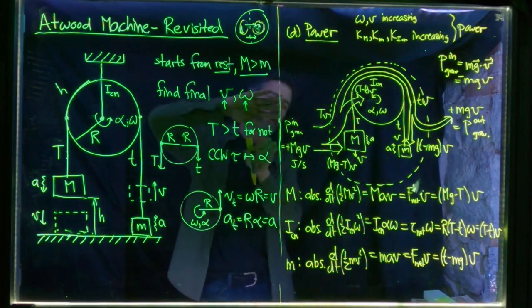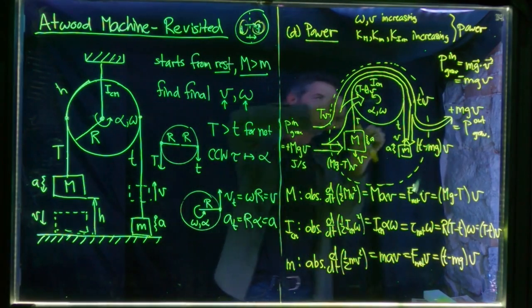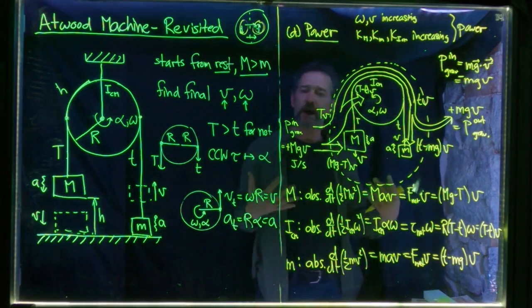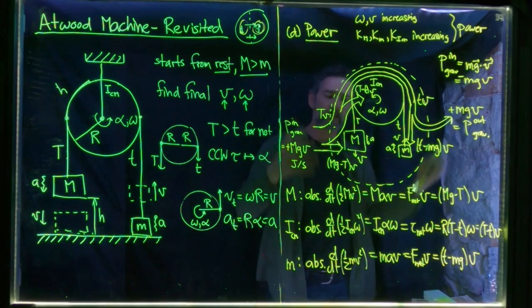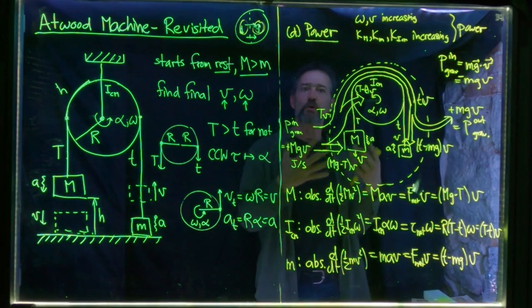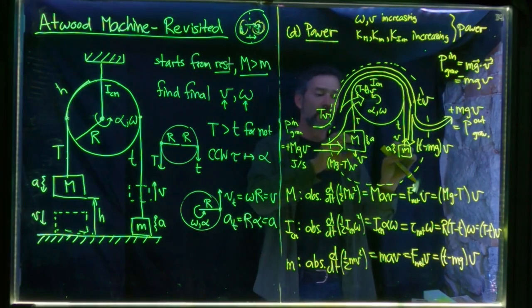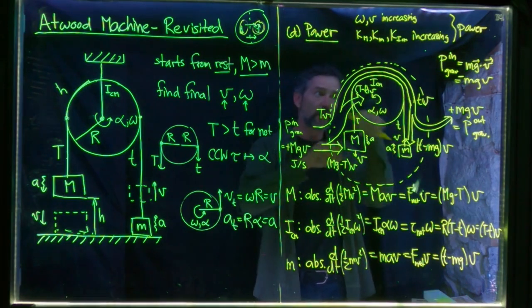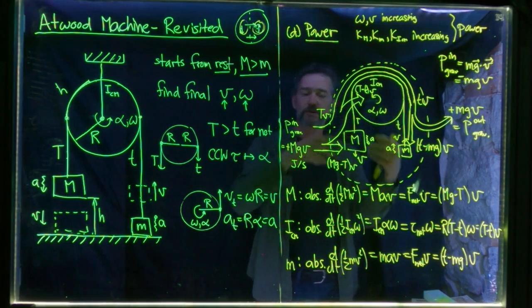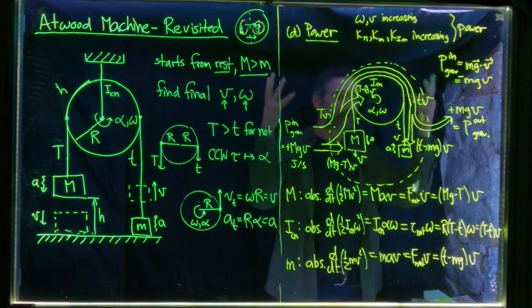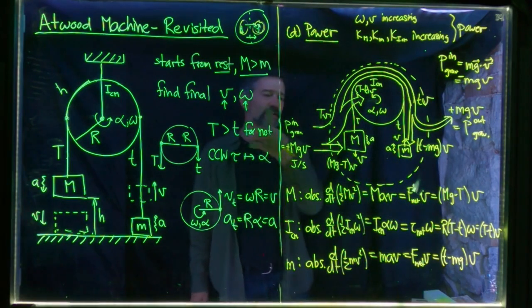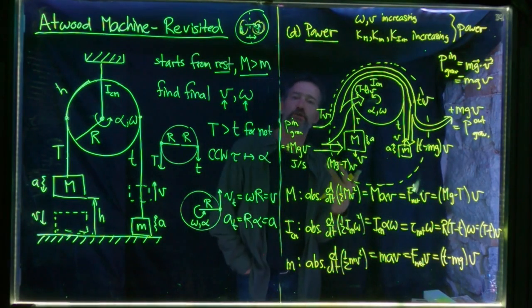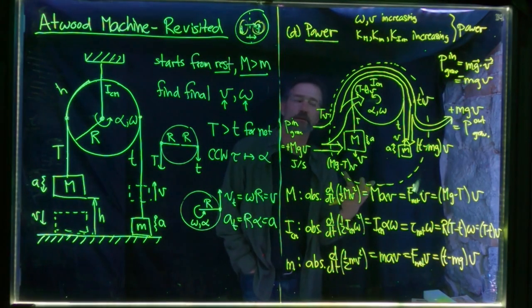So there's more power flowing in from the gravitational field than out, a net power flowing in. So where's that power going? Well, it's powering little m and big M picking up speed, gaining kinetic energy, and the pulley picking up angular velocity, also picking up kinetic energy. So the rate of energy flow is determined by this. It's just super cool when you think about how energy flows around. It's a really beautiful thing.